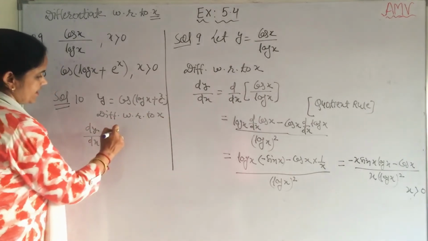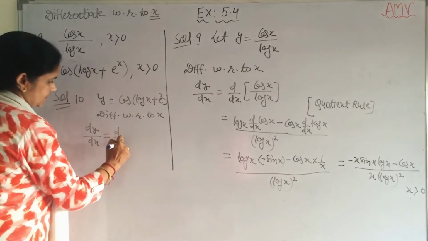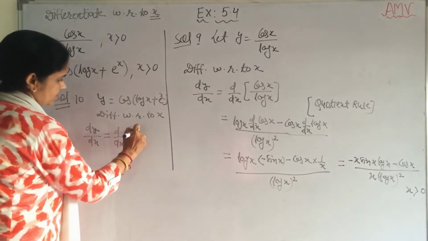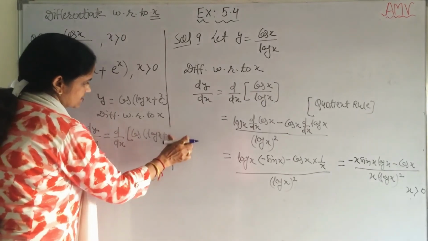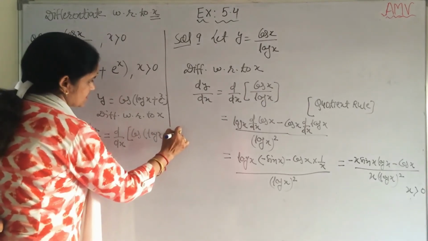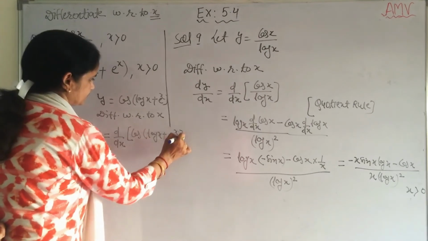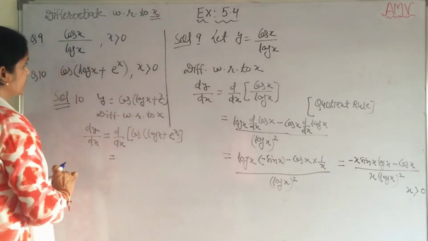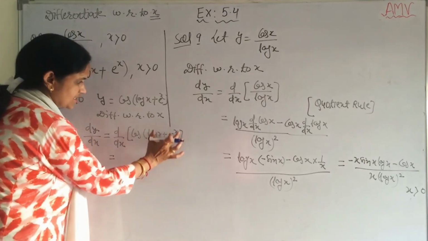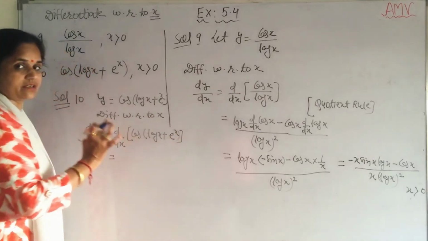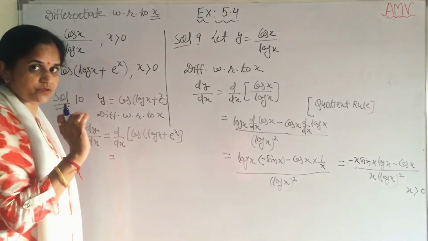Okay, and here d by dx of cos (log x plus e raised x). Okay, now here cos (log x plus e raised to x), it is a function considered as x only.